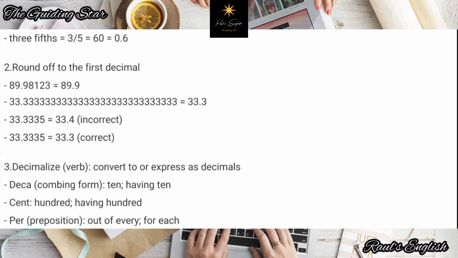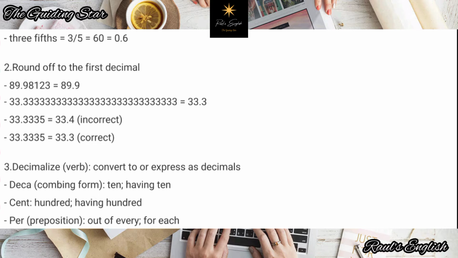You round it off as 33.3 to the first decimal, right? 33.3335 is not 33.4. That is not how you round off. That is bad mathematics, inaccurate mathematics. 33.3335 is rounded off to 33.3. That is correct.